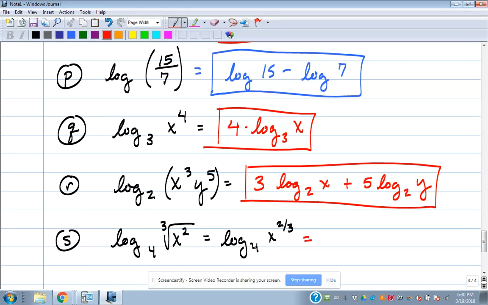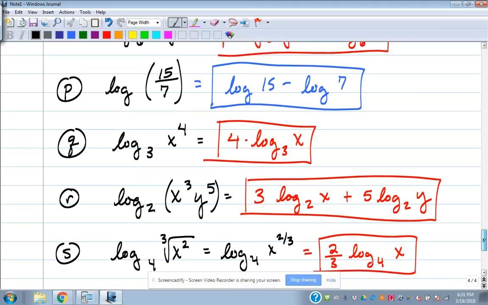Because it's just an x to a power. It just happens to be a fraction power. Doesn't really matter. What does the 2/3 do? Drops to the front. And then you just have 2/3 log base 4 of x. And so being able to swap from a radical expression into a rational exponent is helpful in expanding and condensing logs. Really, really helpful there.